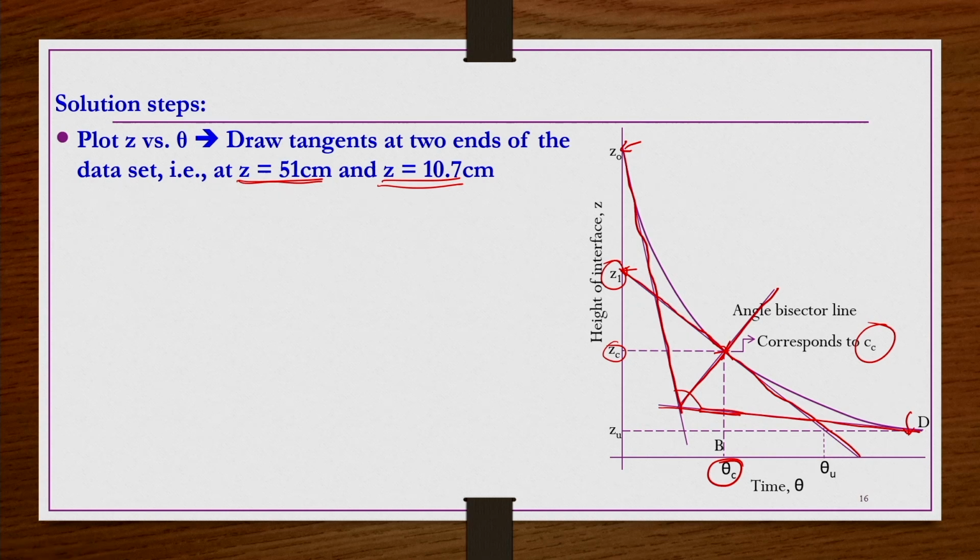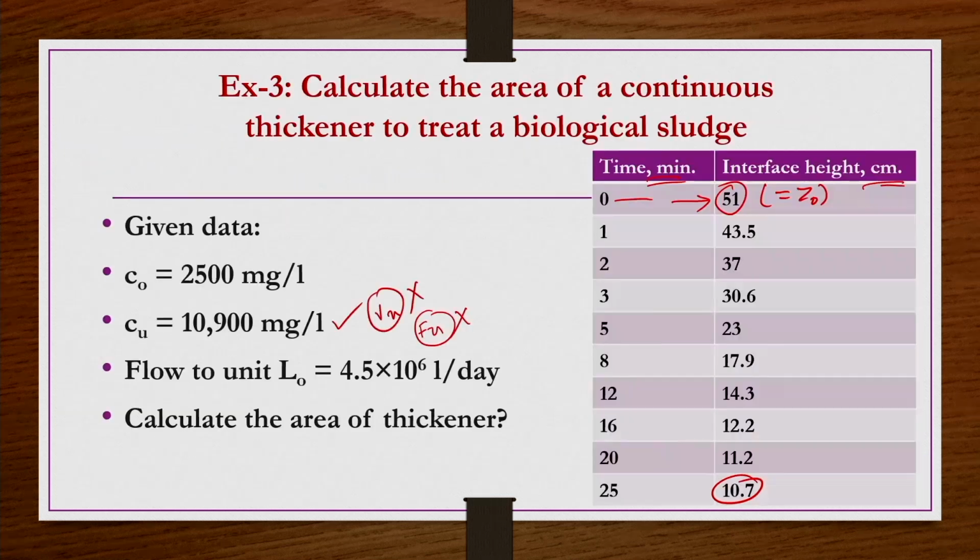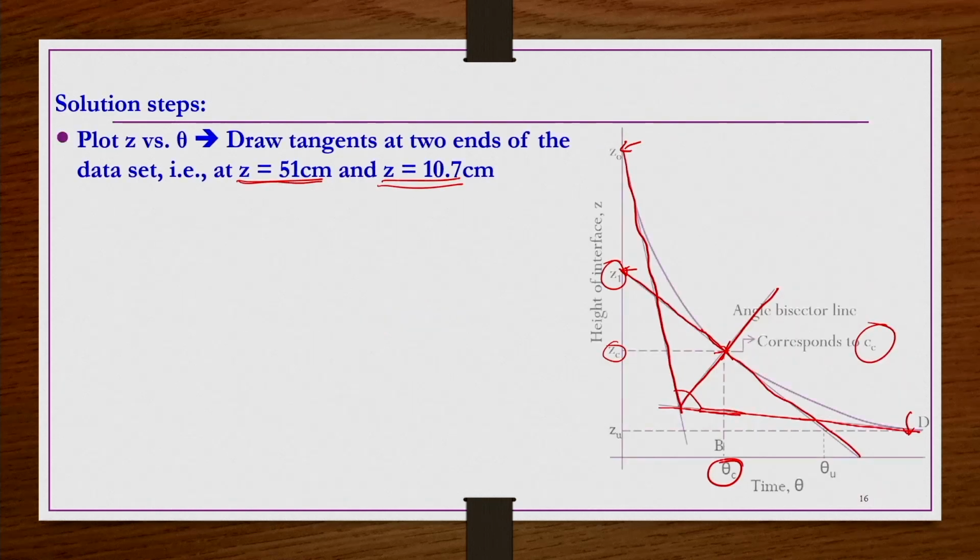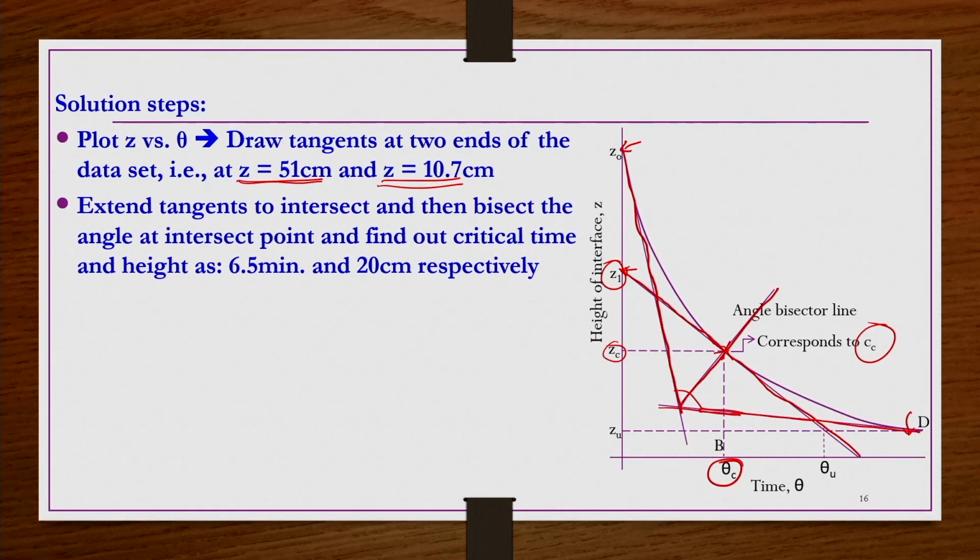But we need theta u information. Zu is not given in the problem, so we will see. By doing this we get theta c as 6.5 minutes, and Zc approximately 20 centimeters.